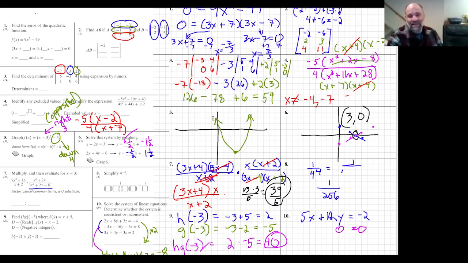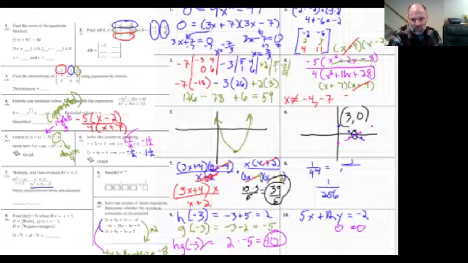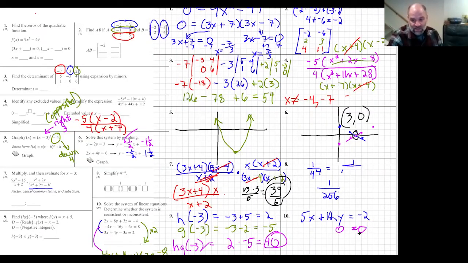If you would have gotten like 5 equals 0, then that would be inconsistent with no solutions. But you have a couple that have the same line, so basically your answer is infinite solutions and consistent. Okay, you see the difference there? If you would have gotten 5 equals 0 instead of 0 equals 0, then that would be inconsistent. But these are dependent equations.